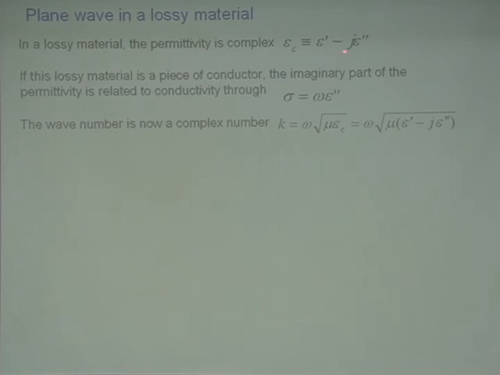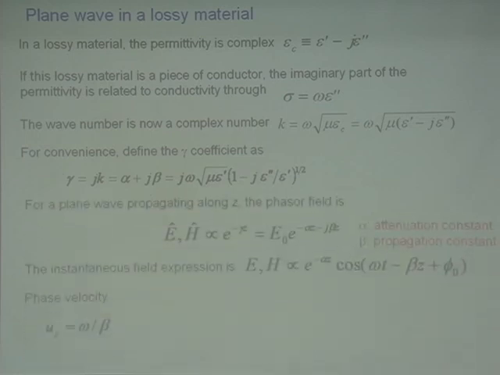Because of the existence of this term, your K now is a complex number, and then you can write your K into a term gamma equal to alpha plus J beta, and there's a real part and imaginary part in it. Okay, and then you take a square root of it. This imaginary part tells you the propagation of the wave, and this alpha tells you the attenuation of the wave. And by now you are very familiar with this, right?